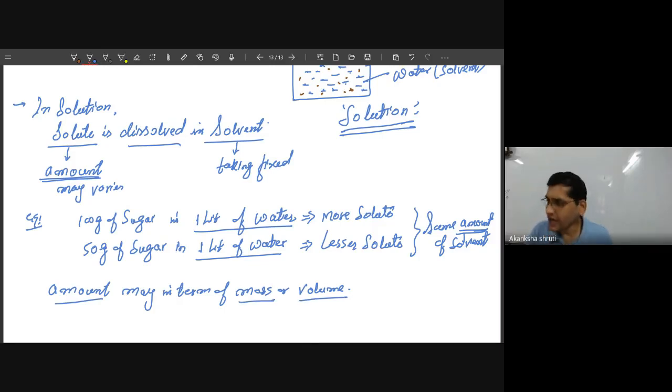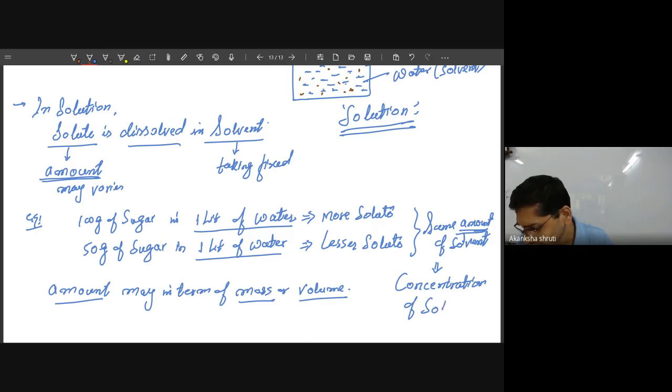So considering the amount of solute dissolved in a given solvent, we define a term called concentration. Keep in mind, students, the concentration is always considered for the solution.